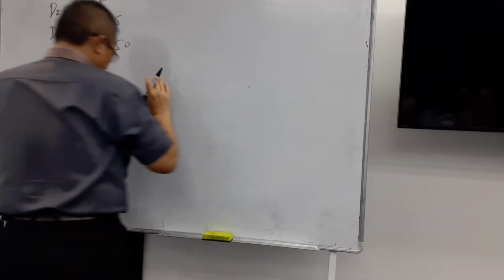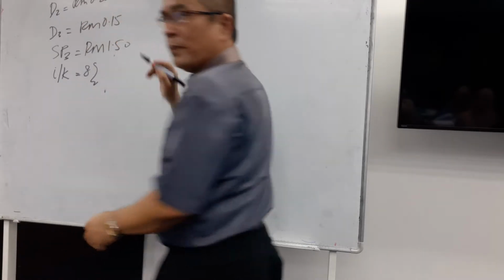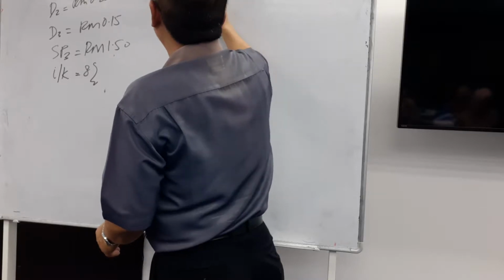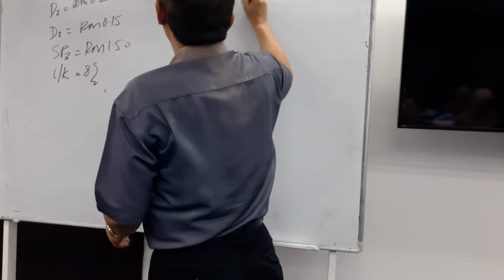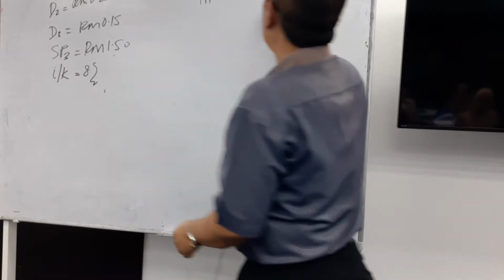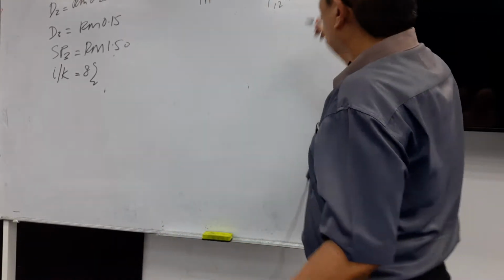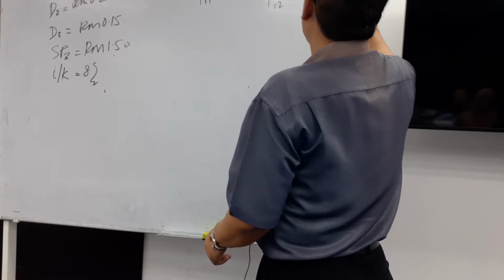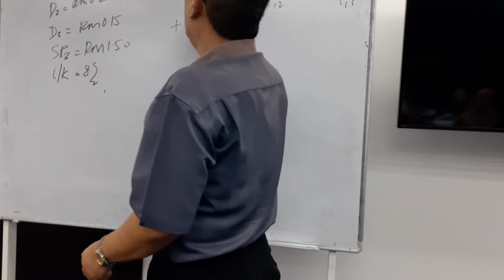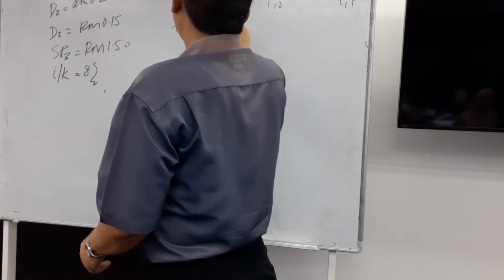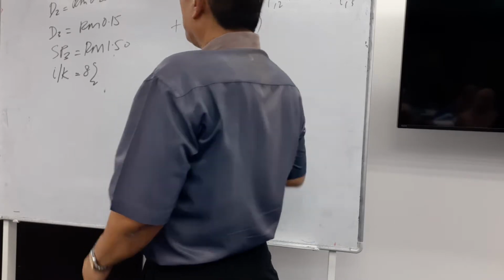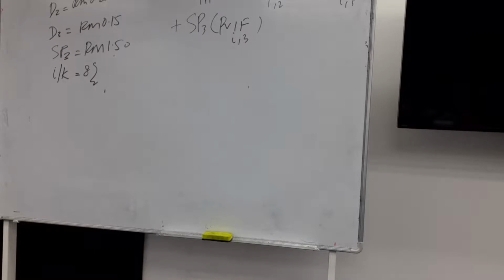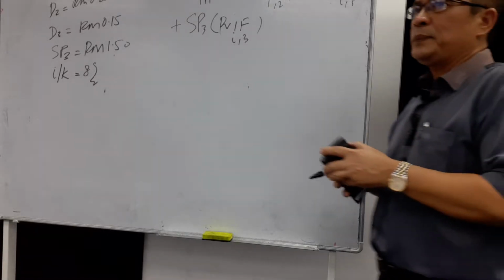Now we can calculate the intrinsic value of the stock using this formula: P0 is equal to D1 PVIF(I,1) plus D2 PVIF(I,2) plus D3 PVIF(I,3) plus SP3 PVIF(I,3). Let me show you how to use the financial calculator.